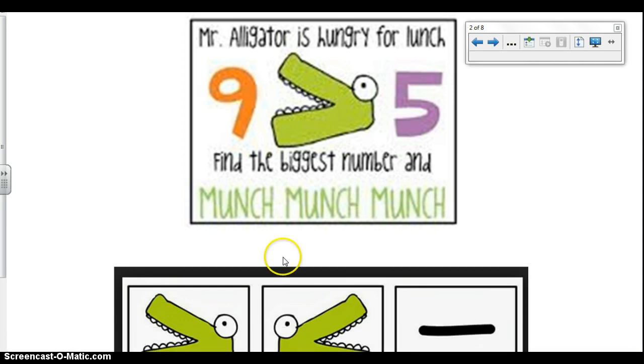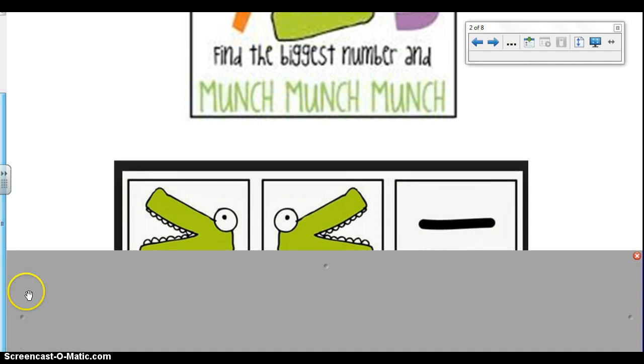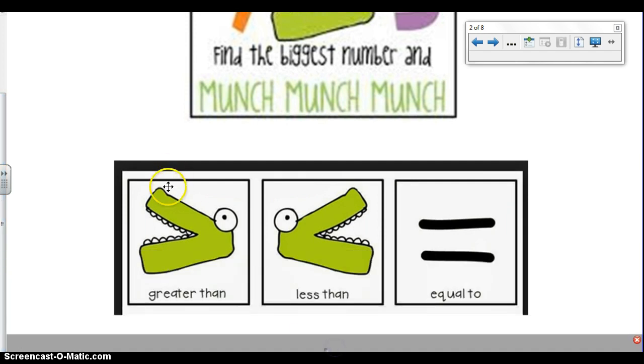Remember, we have 3 symbols that we can use to compare two numbers. We have the greater than symbol when Mr. Alligator is facing the first number, or we also have the less than symbol when he's facing the second number, and then we have the equal sign when the numbers are the same.